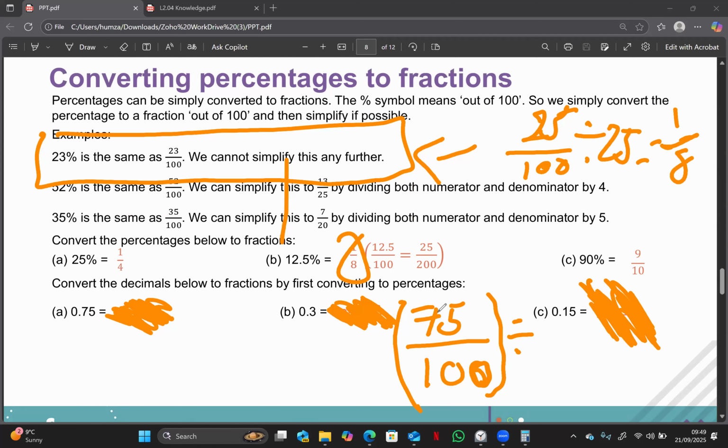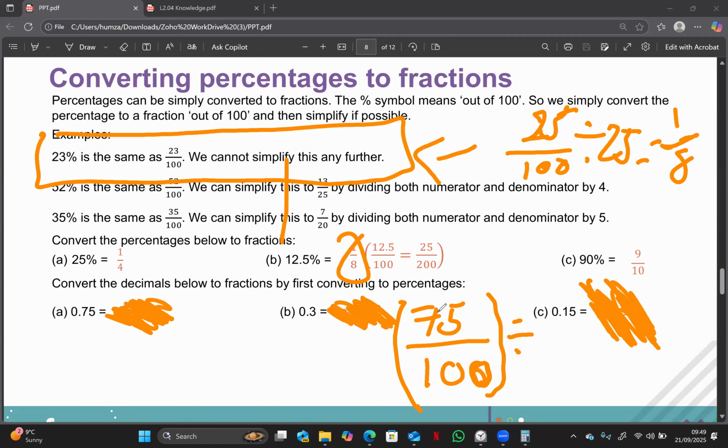And what's the number? What's the biggest number we can divide both 75 and 100 by? 75 goes into 75, but does it go into 100? No, it doesn't. So it's a smaller number than 75. You can do 5, but there's a bigger number than 5 as well. 25, yes, goes into both.